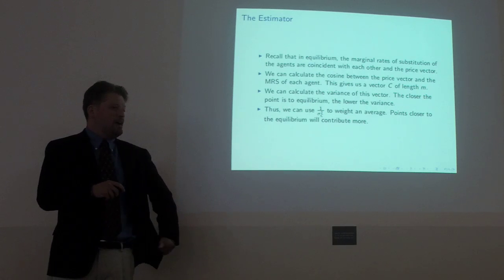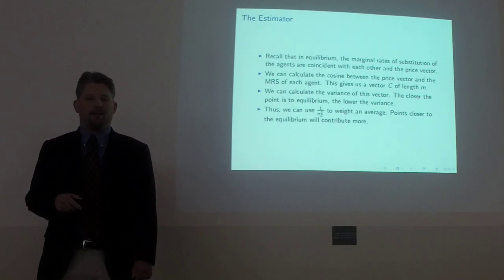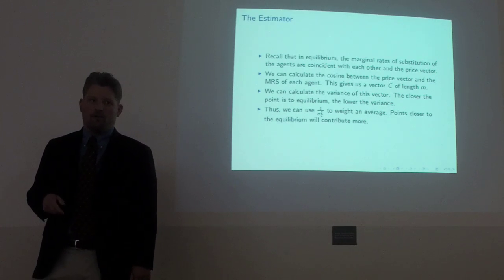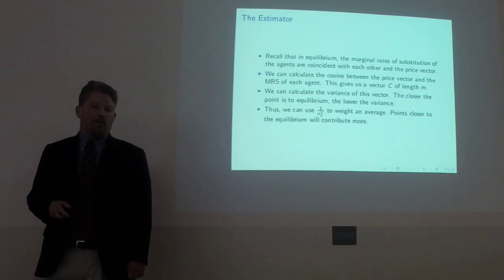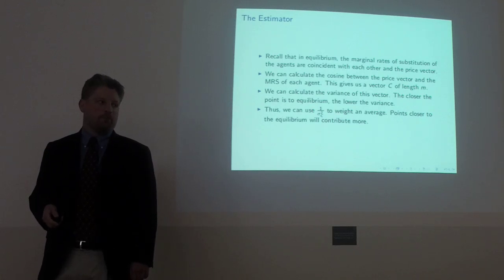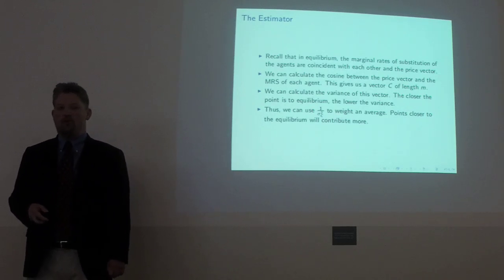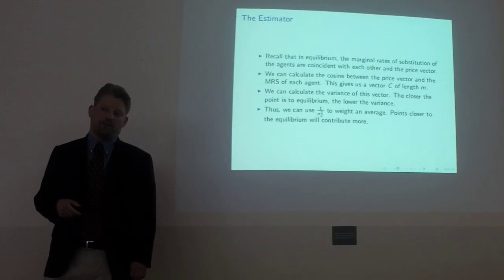Now, I have agents, and what I can do is calculate the variance of those cosines over all the agents. That's going to grow the further you are from general equilibrium, because the cosines will not only get further from 1, but they'll also get further from each other.